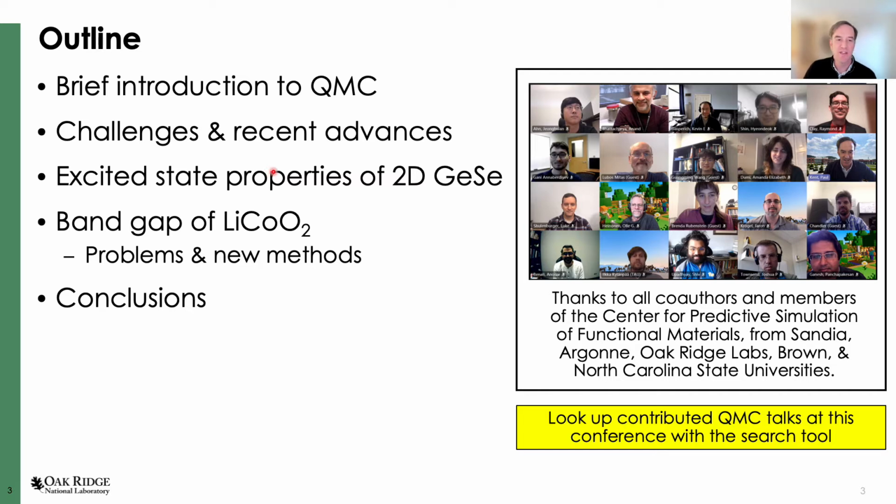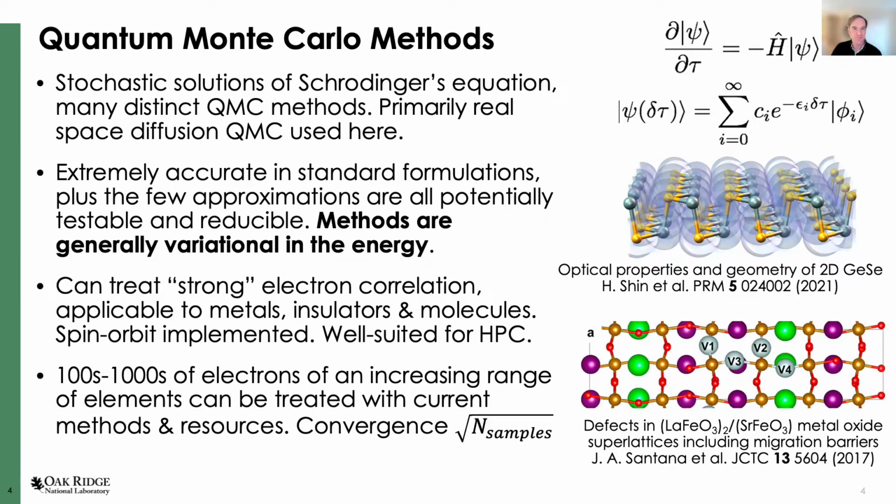First, looking at the excited states of 2D germanium selenide, and then to tip my hand a little bit, we'll then spend some time looking at the properties of lithium cobaltate, where standard methods are not going to work quite so well. So this is more work in progress, but we've got some new methods there that look really very promising, both for increased accuracy, but also improved insight. And then, of course, I'll conclude.